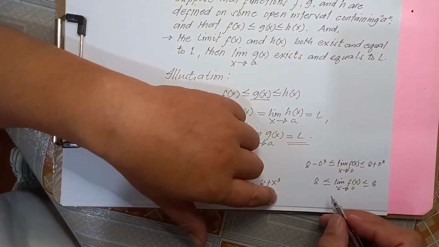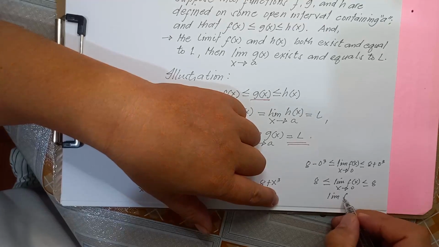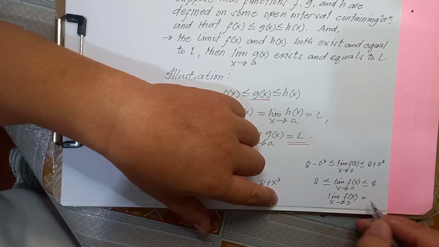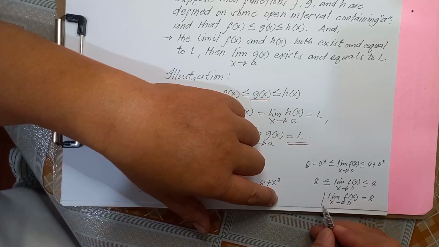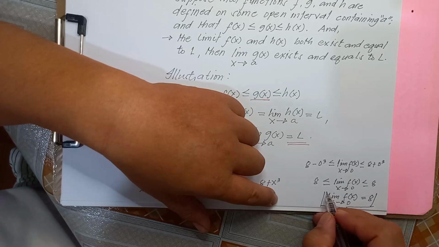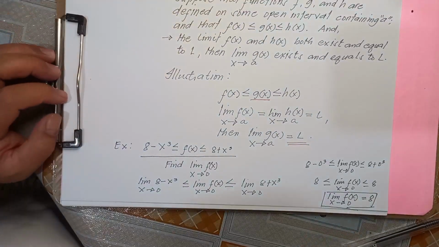And so the limit of f of x as x is approaching 0 is equal to 8. So that is the meaning of the squeeze theorem. I hope you understand this example. Thank you.